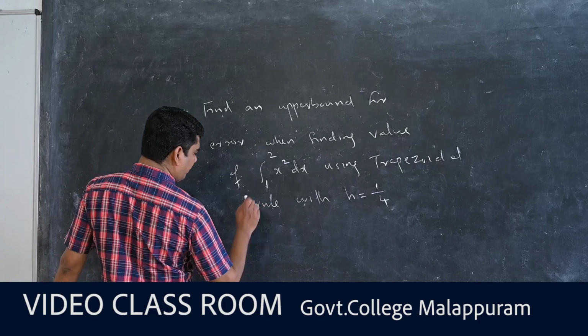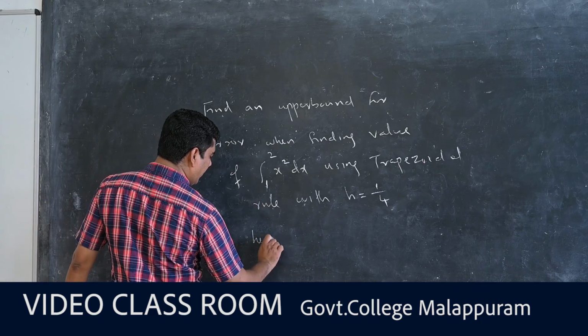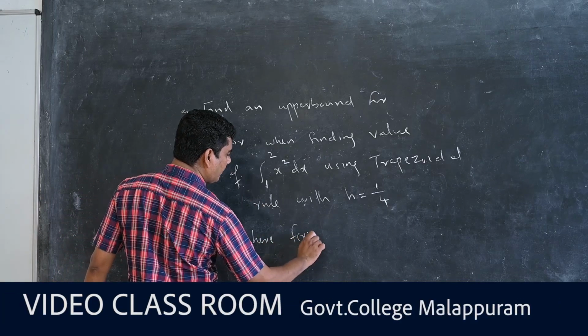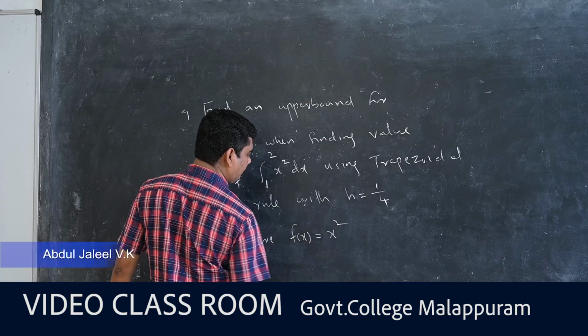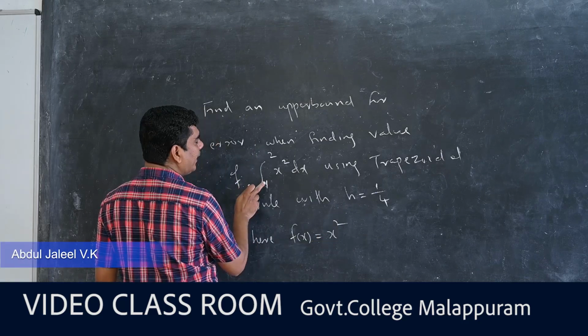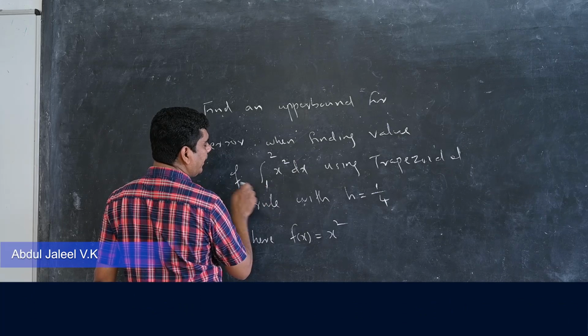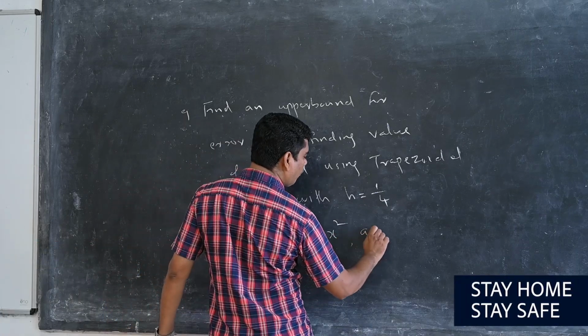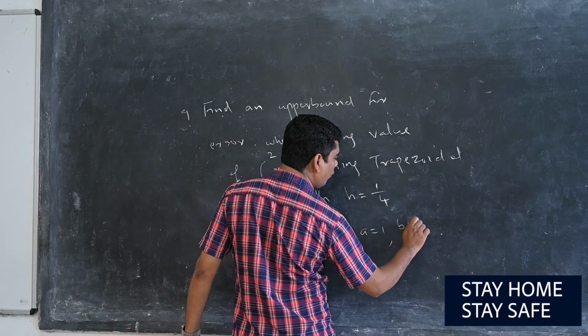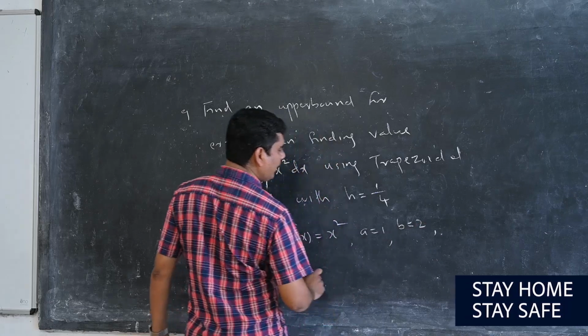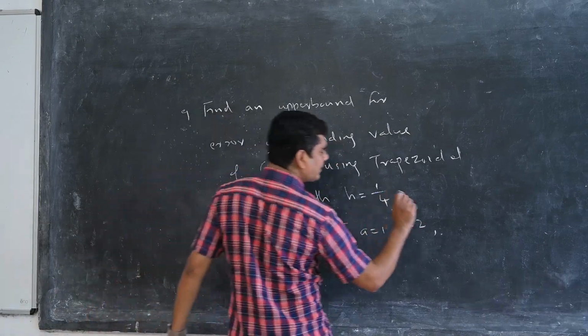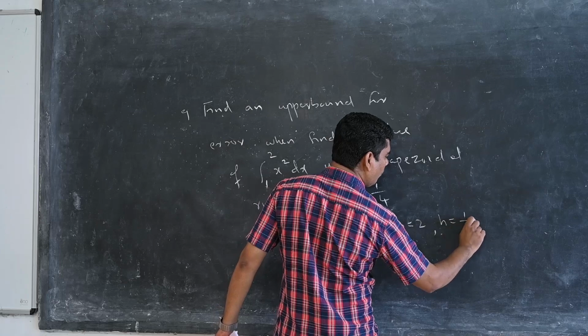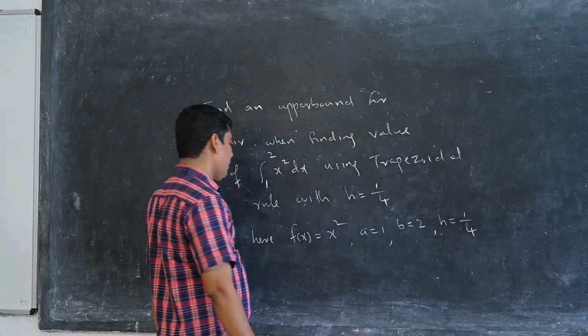So here f of x is equal to x square, integral a to b f of x dx. So a is equal to 1, b is equal to 2, and we are given the subinterval length h is equal to 1 by 4.